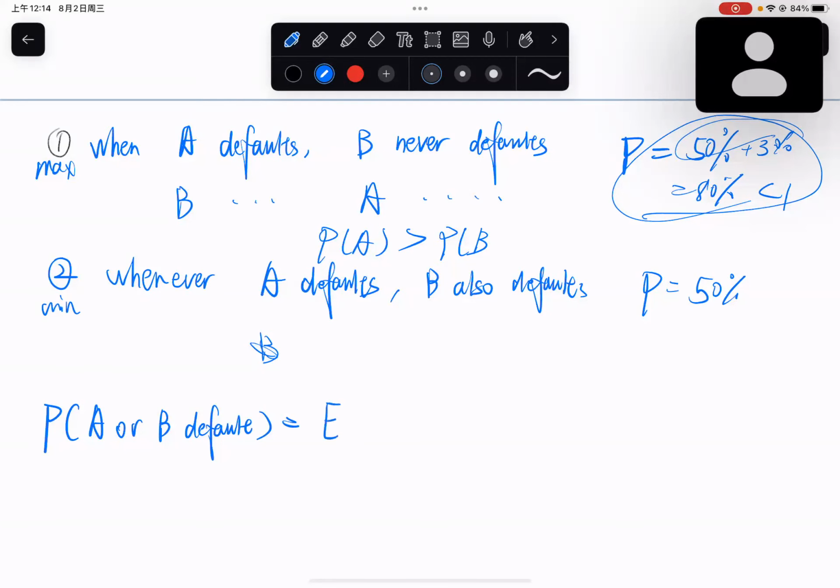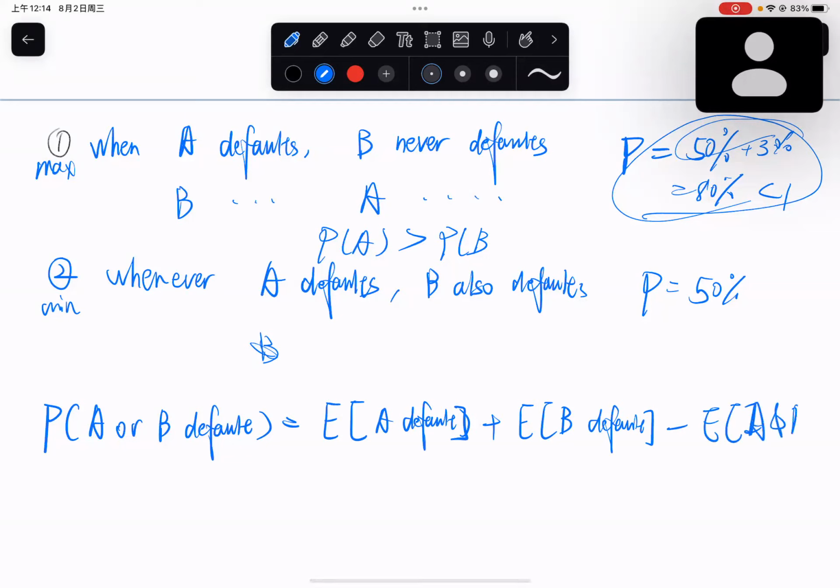Can be converted into the expected value of I_A (A defaults) plus the expected value of I_B (B defaults) minus the expectation of I_A I_B, right?